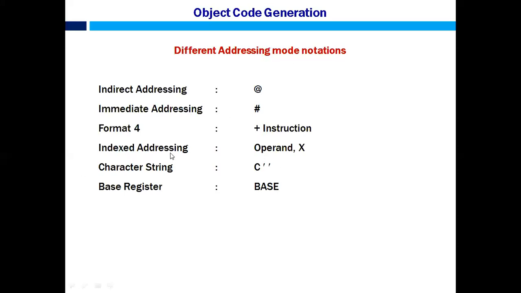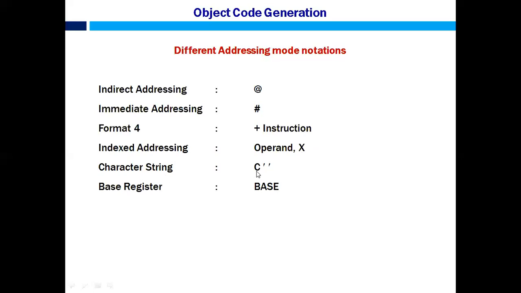So it is preceded by the plus operator. Then indexed addressing. Indexed means registers are included. So indexed X. That is why we will use the register X here. So operand comma X. This is the format or the indication of any indexed addressing. Then character string. Sometimes we will have a character string.